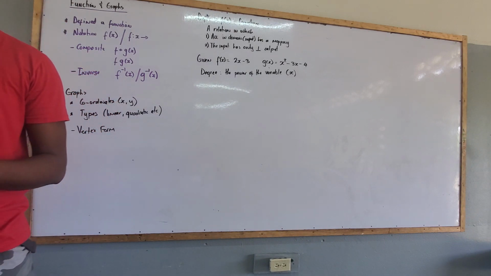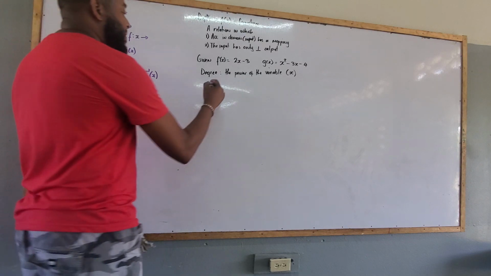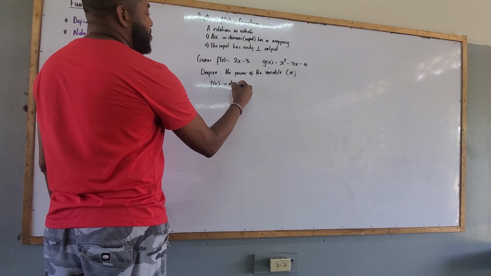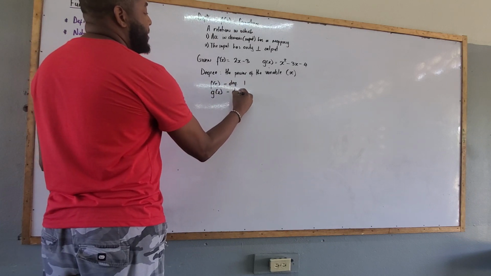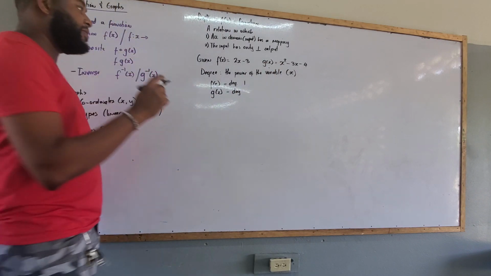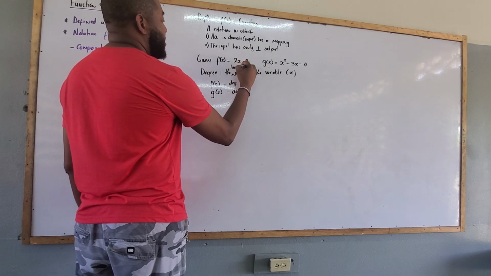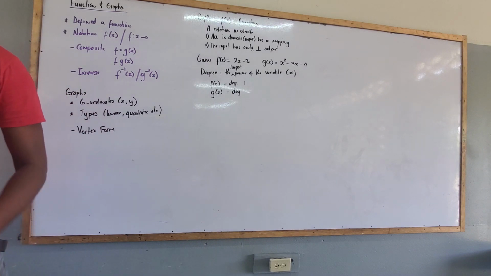So for f of x, its degree is 1. The degree is the largest power of the variable, and that is the degree of the expression, function, or equation.